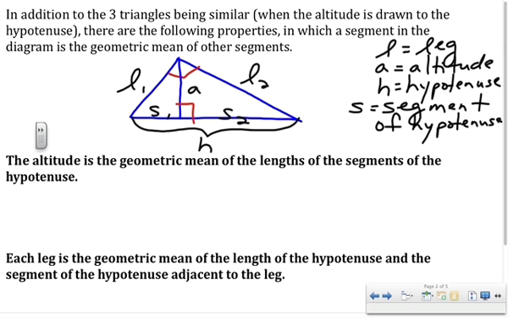Okay, so this first property coming out of this diagram tells us that the altitude is the geometric mean. Remember that proportion version of geometric mean that I gave you? We ended up with these two things being the same. So the altitude is the geometric mean of the segments of the hypotenuse.